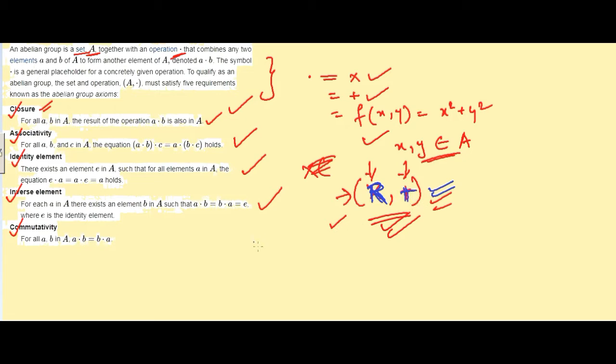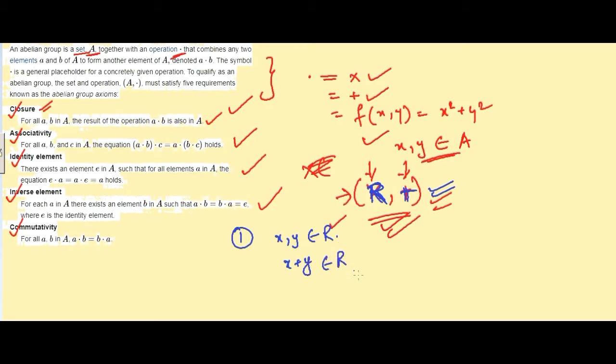If you want to prove that this basic structure satisfies the property of closure, then you have to take any arbitrary elements, say x and y, from the set R, and you need to show that x plus y will also be in R.